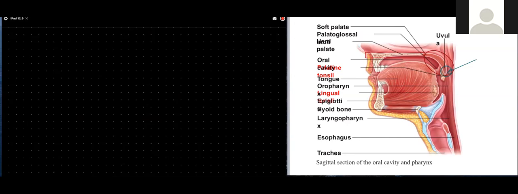On both sides, we've got here, this is the palatine tonsil. Palatine tonsil. We've got a tonsil here at the base of the tongue. It's going to be the lingual tonsil. And this is going to be the tongue.